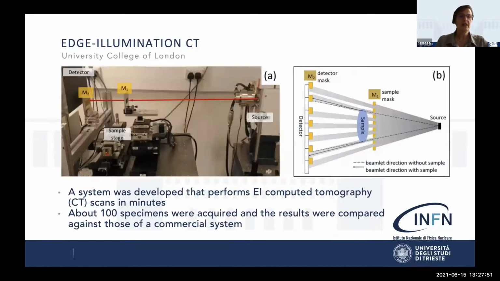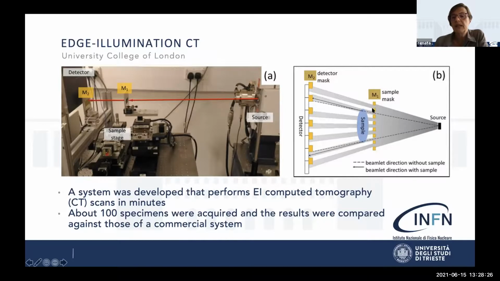So let me start with edge illumination computed tomography. We are in London, at University College London, UK, and they have developed a system to perform edge illumination computed tomography scans in minutes. You remember edge illumination was presented by Professor Rigon.